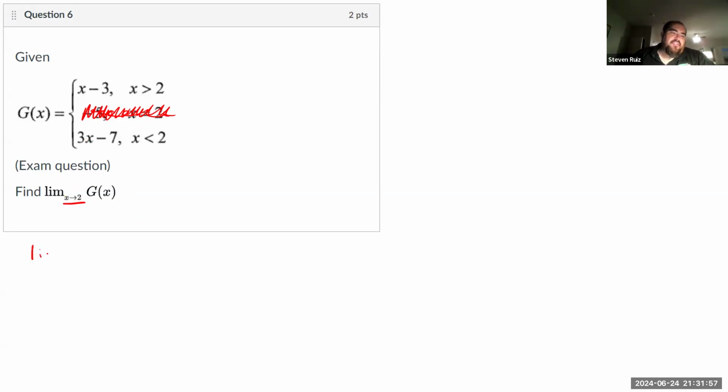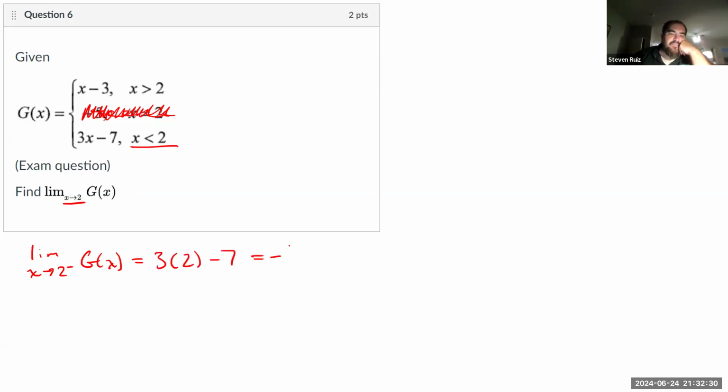And since it's defined differently above and below, let's look at the one-sided limits here. As x approaches 2 from the left, which one of these definitions of the function do I care about? That's going to come from x being less than 2. So the limit as x approaches 2 from the left of g is going to be equal to 3 times 2 minus 7.